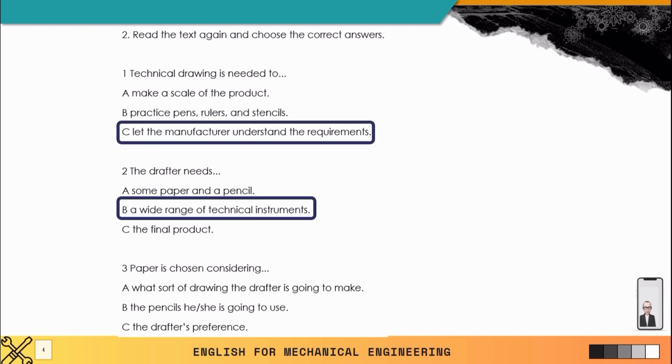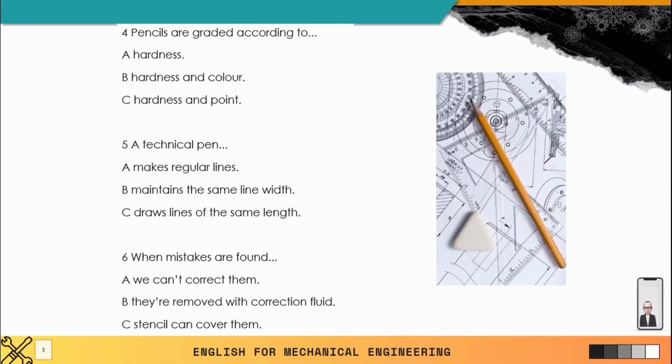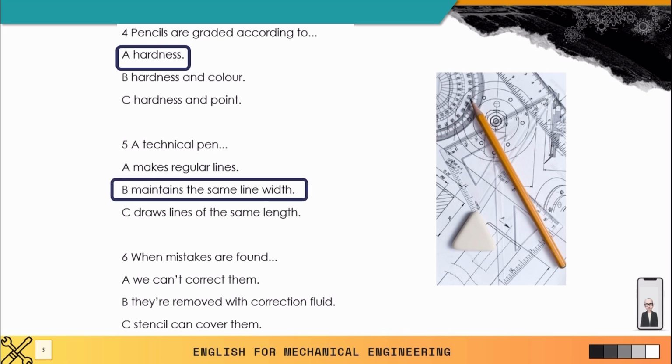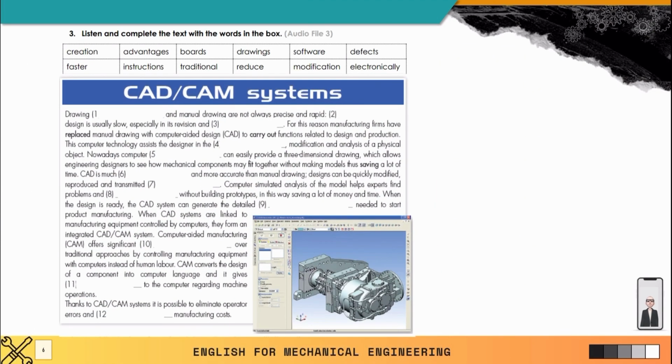Right here, paper is chosen considering what sort of drawing the drafter is going to make. Moving on here, pencils are graded according to, hopefully you remember this one, hardness, okay? And a technical pen maintains the same line width. When mistakes are found, they are removed with correction fluid. Okay, that was the correct one.